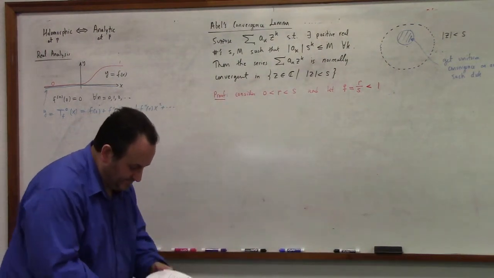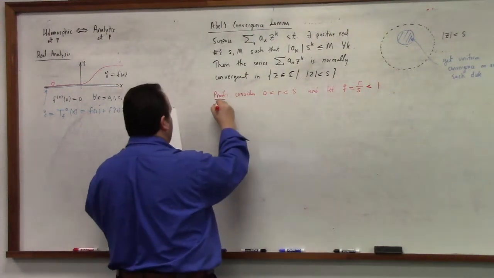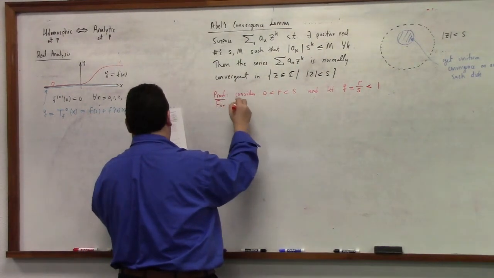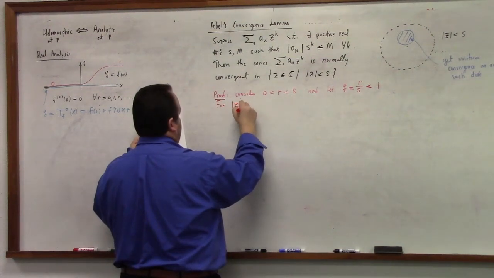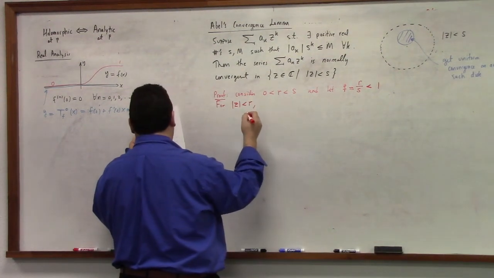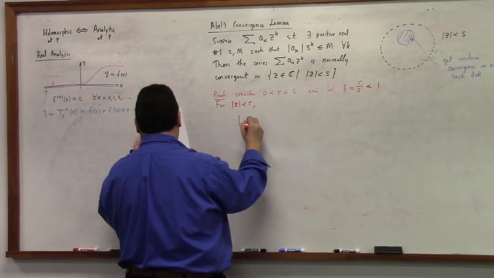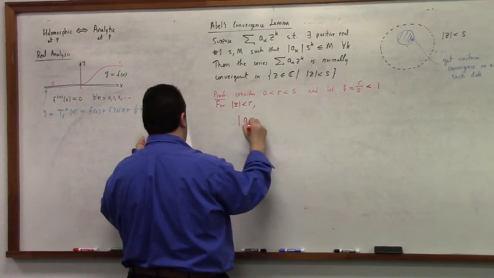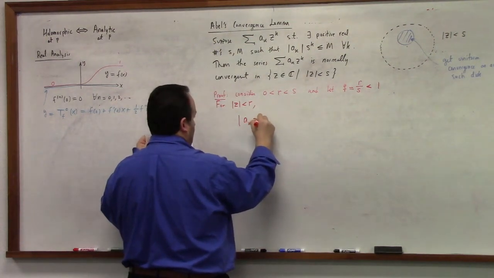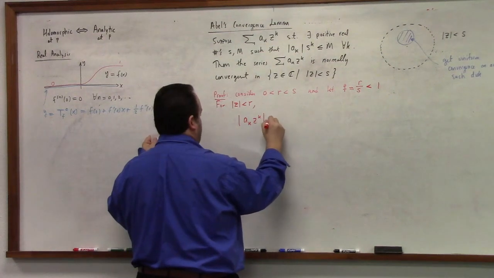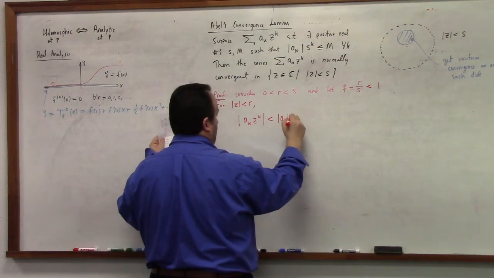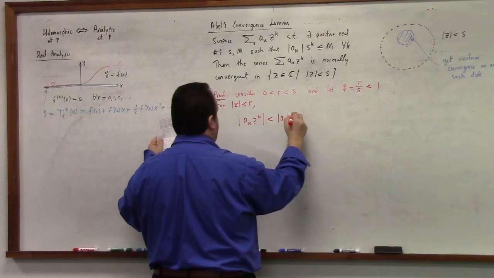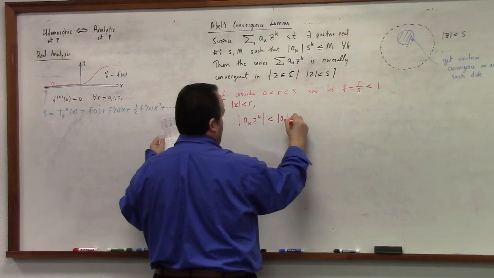And so for z, for modulus of z less than r, let's say, we have that the modulus of a_k z to the k is less than the modulus of a_k times r to the k.